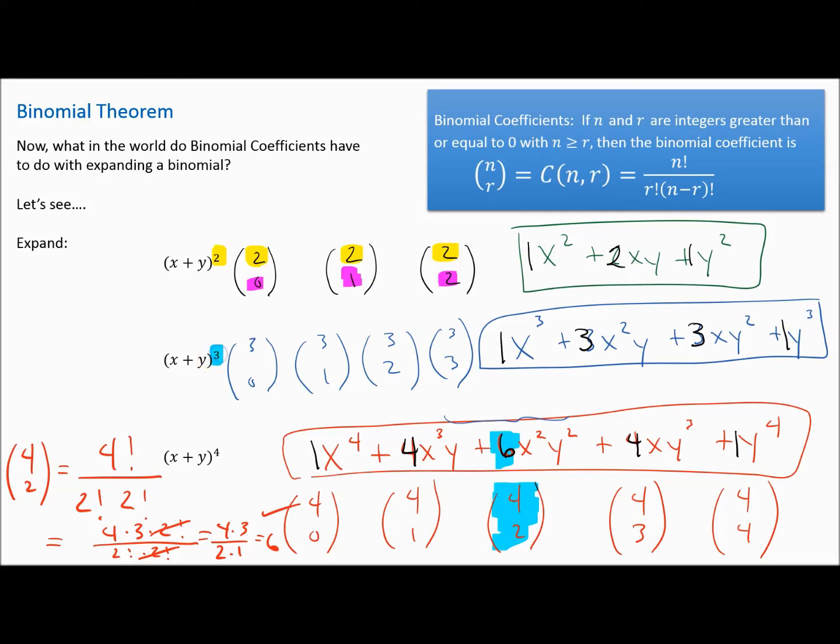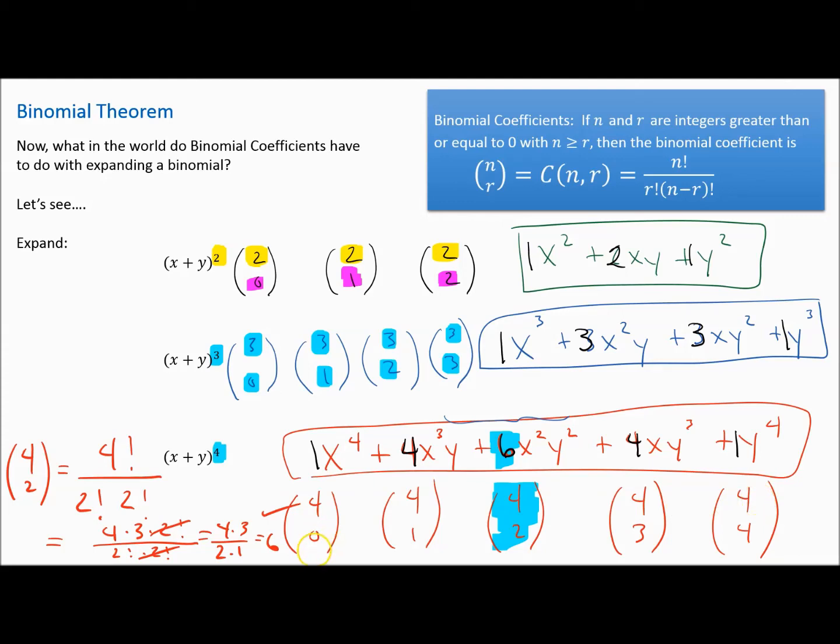If it's x plus y to the third, or something to the third, then you have 3 all the way across the top for your coefficients. In the bottom, you start with 0, then it goes up to 1, and then 2, and then 3. It just counts up. And finally, if it's raised to the 4th, then you would have 4's across the top of every one of your coefficients.